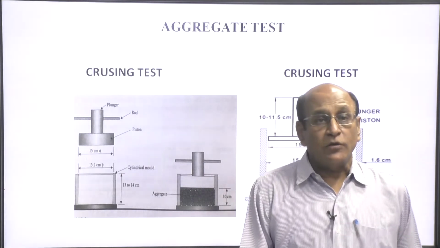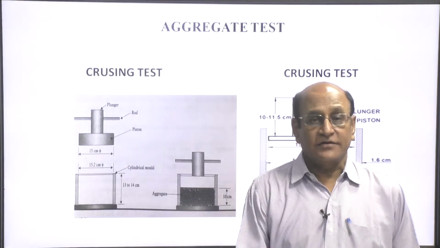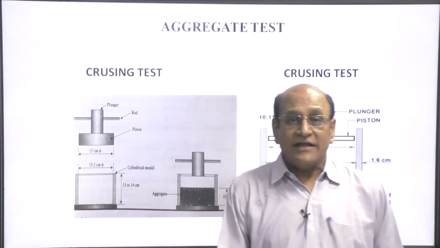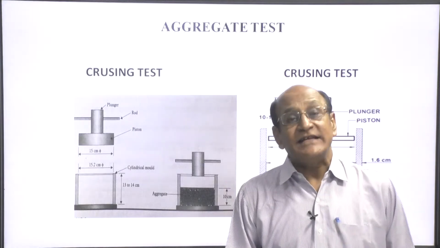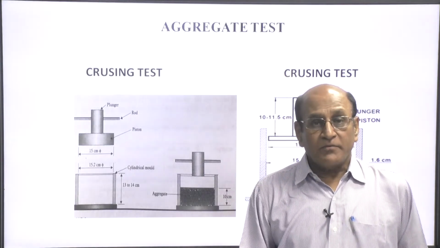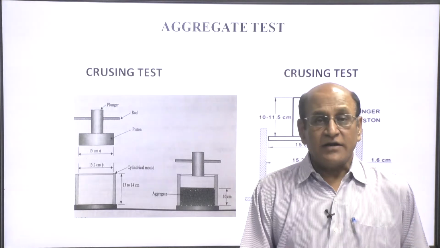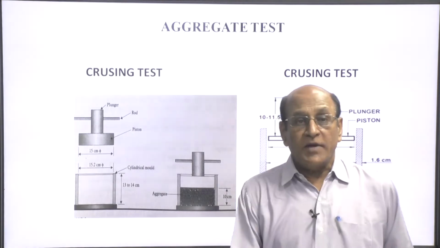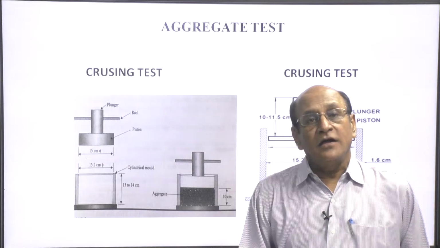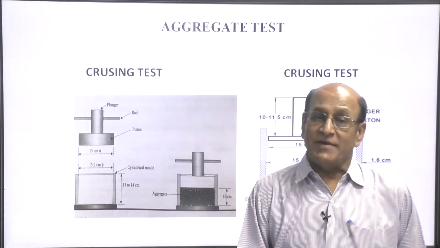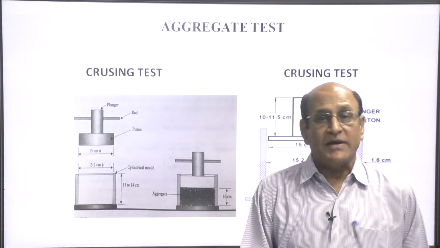After application of the load, the sample is withdrawn from the cylinder and then it is passed through 2.36 mm sieve. The passed material is weighed and the crushing value is obtained easily by the weight of the sample passed through 2.36 sieve divided by the total sample multiplied by 100.